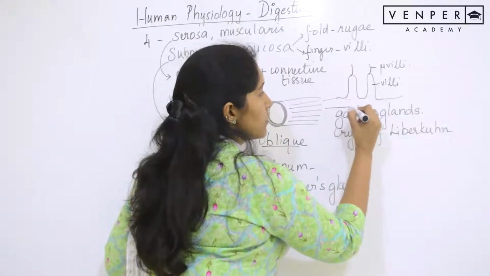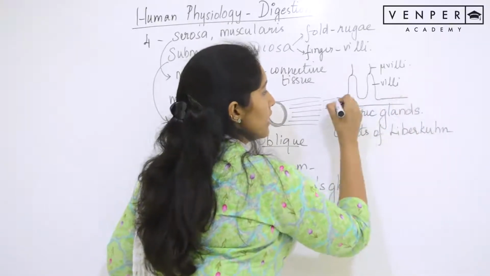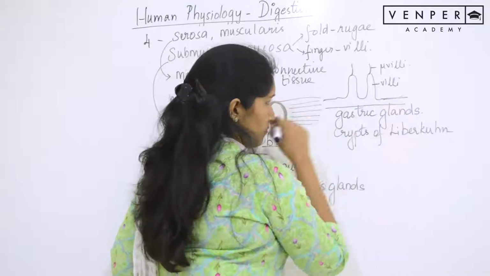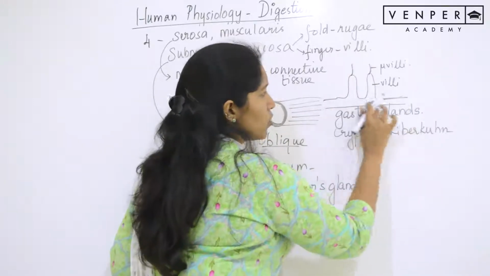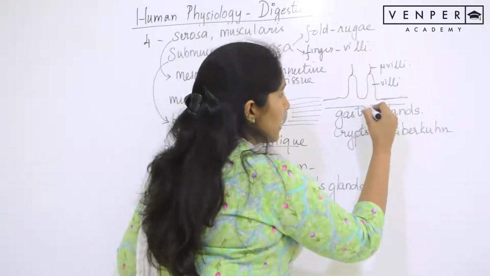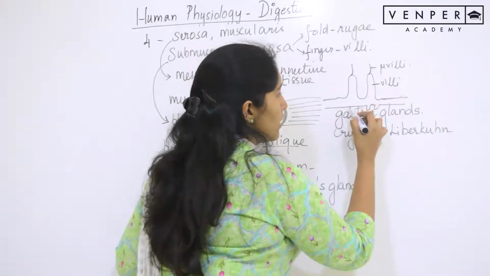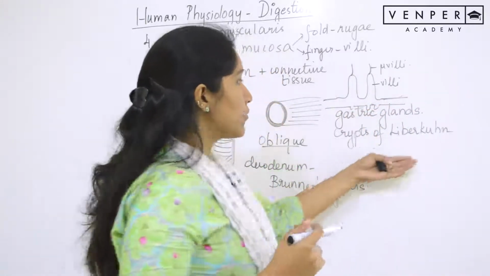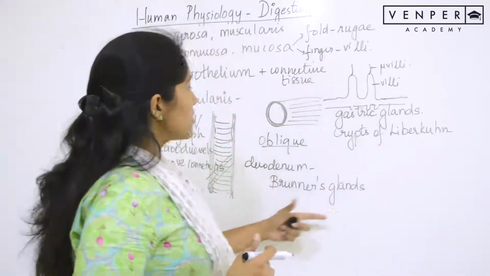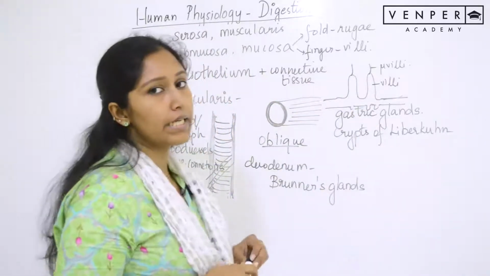If this is the intestinal mucosa, there are certain dips like this which are called the crypts of Lieberkühn, and all these modifications help in the digestion of the food.